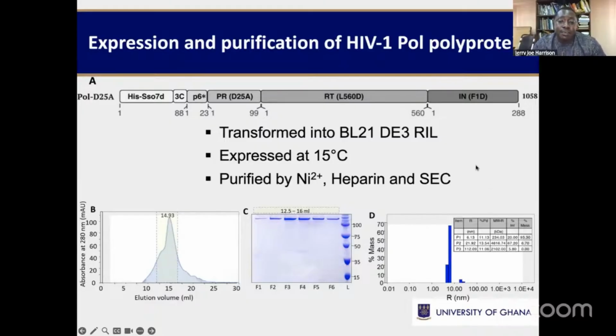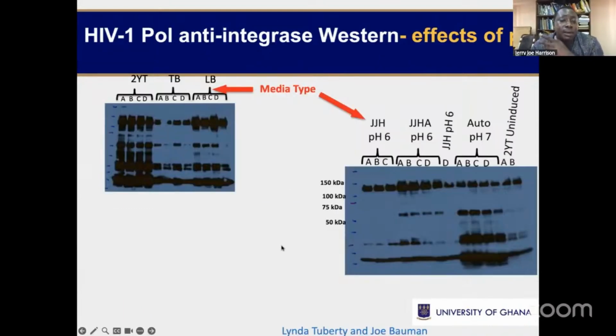So at least for the first time, we had been able to express and purify the protein, and we were ready. But we were curious as to why the pH and the magnesium worked. So Joe and Linda in the lab at the time decided to check by Western what was going on.